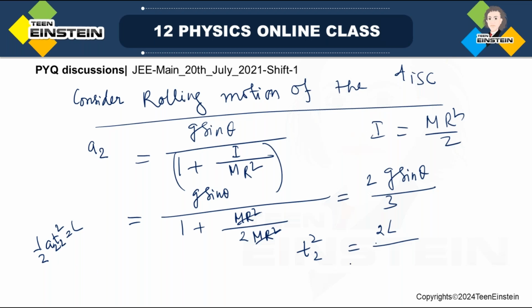I have to find out t2 square. So 2L by a2 is actually 2L into 3 by 2g sine theta. Okay, so this is 3L by g sine theta.